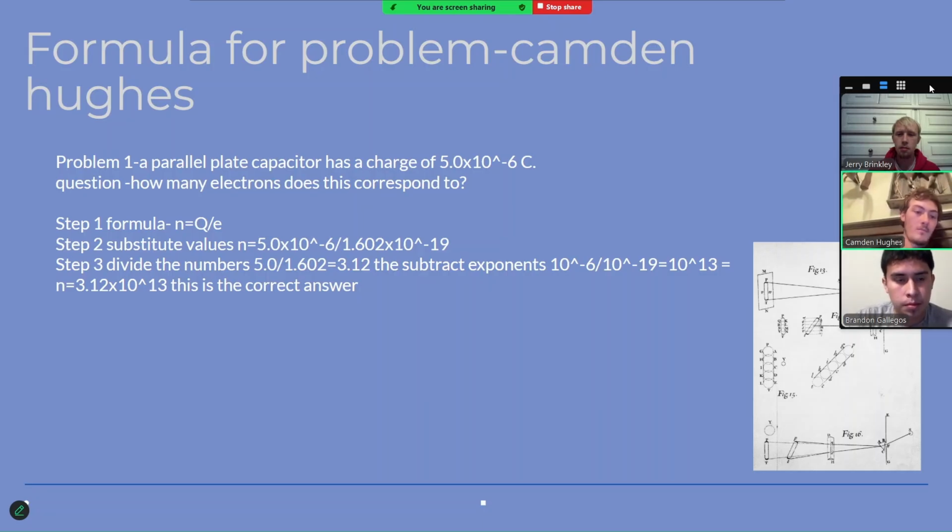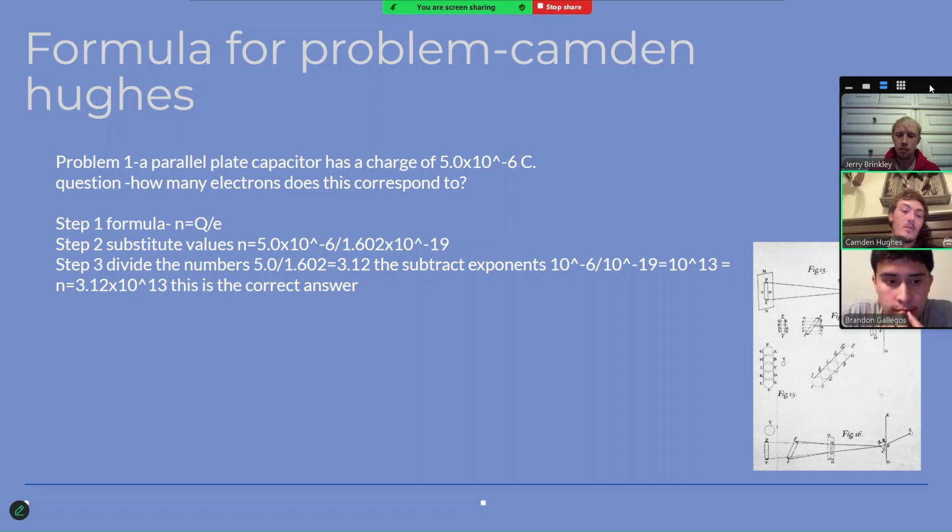You've got the formulas in the steps. For step one, it's N equals Q over e. Then step two, you substitute the values, and it's N equals 0.5 times 10 to the negative 6 power over 1.602 times 10 to the negative 19th power.